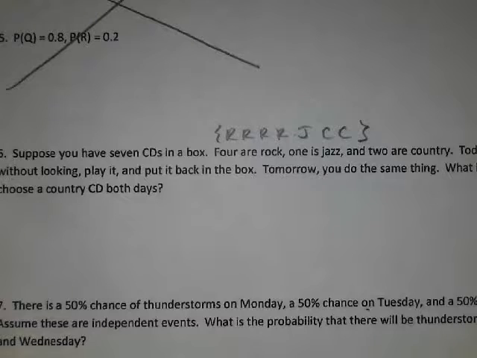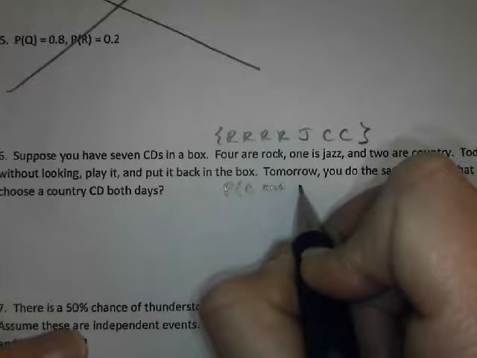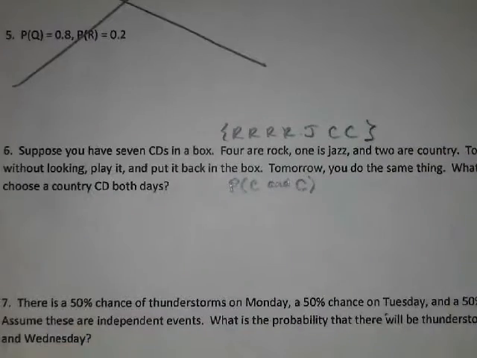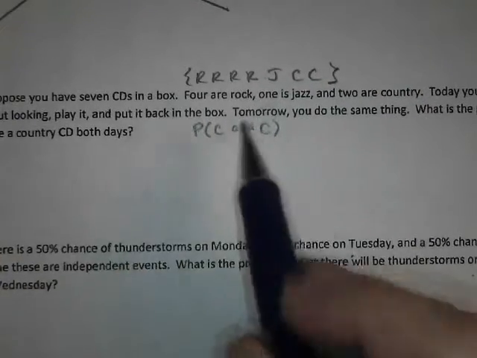Today you choose 1 CD without looking, play it, and put it back in the box. Tomorrow you do the same thing. What is the probability that you choose a country CD both days? This is the probability of choosing a country and, on the second pull, also choosing a country CD. What do you know about and in probability?